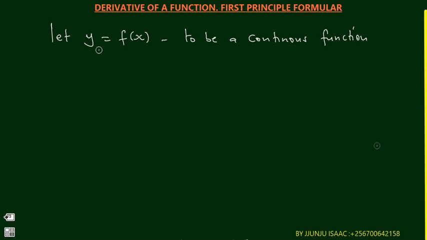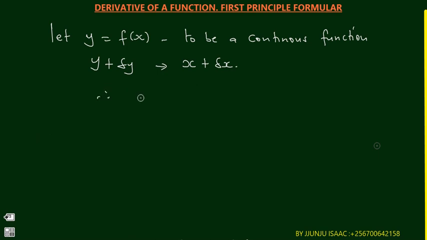Now, assuming y increases from y to y plus delta y, where delta y is a small increase in y, or a small change in y, that means that x also increased to x plus delta x.